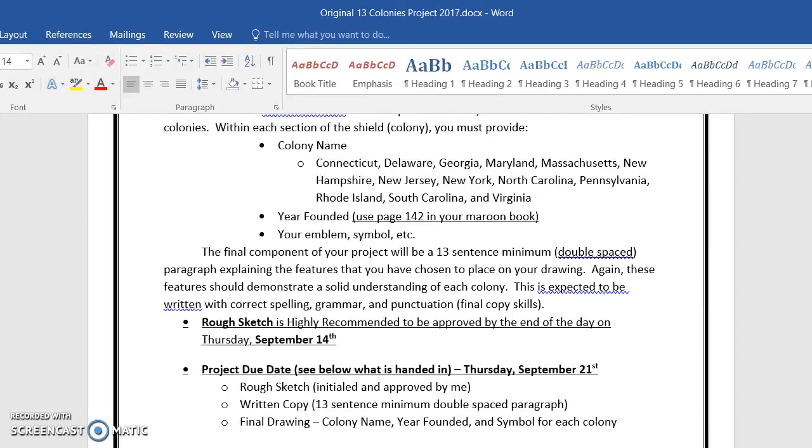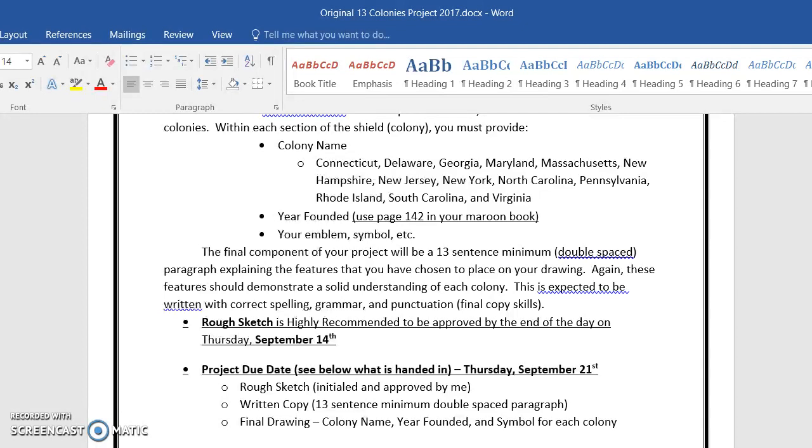This next part is big for me so that you stay basically on track with what you need to do for this project. This project is not difficult. It does require you to think outside the box a little bit, but it's different than a test or a quiz, where this allows you to be evaluated based upon showing your understanding through some emblems and some symbols and things like that.